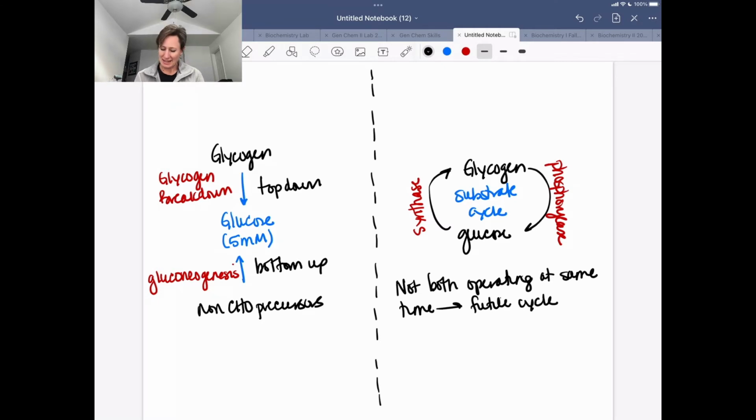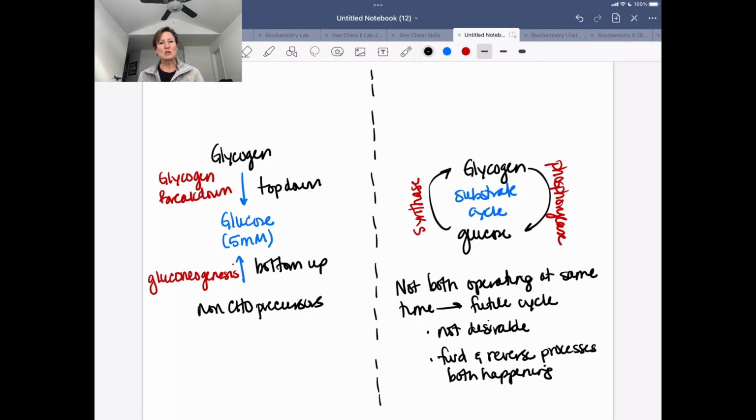And a futile cycle is not only not desirable, but to highlight what a futile cycle means, it would be the forward and reverse processes both happening.